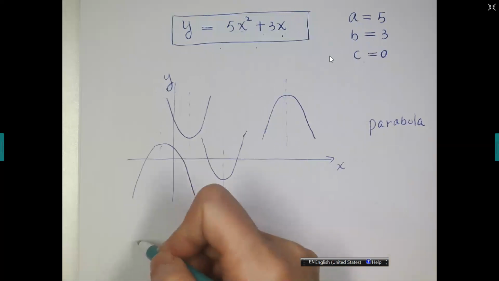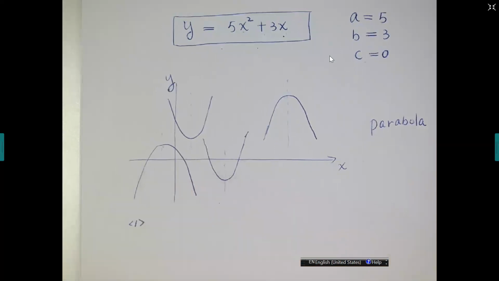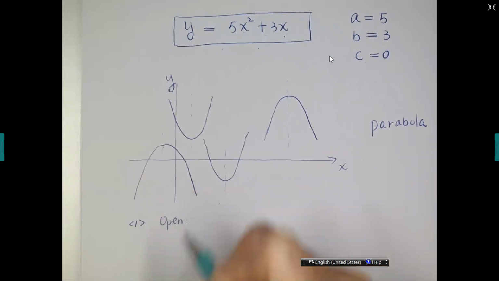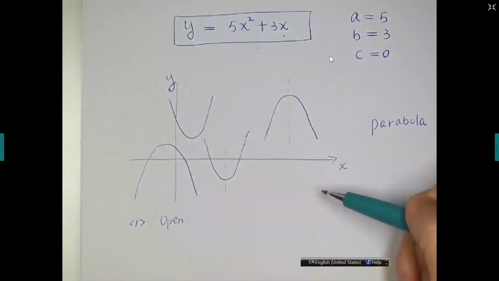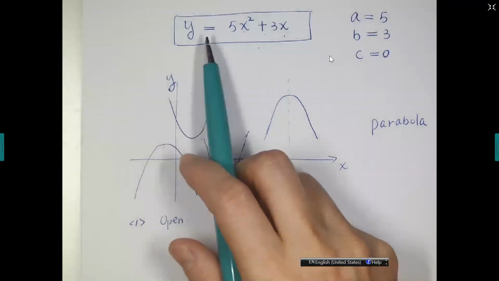And when we have a parabola here, the first thing we want to know is the opening. Does the parabola open upward or downward? See, the mouth opens upward or downward. Is there any way that we can know directly, without plotting the graph, when we're given the equation?